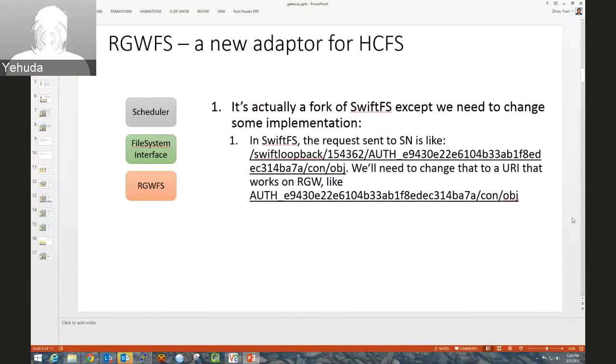But I assume you are not really authenticating, right, in your environment. Yes, exactly. So for the first step, we tend to not use authentication systems here. Yep. Okay.